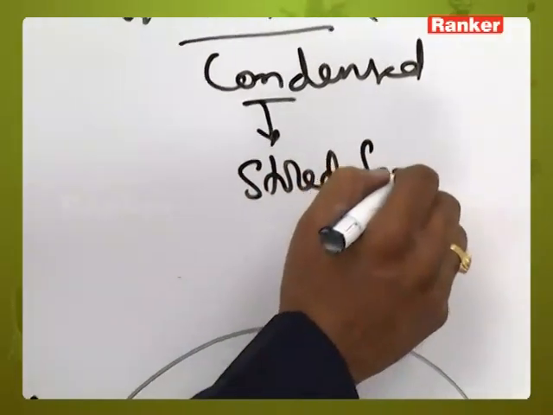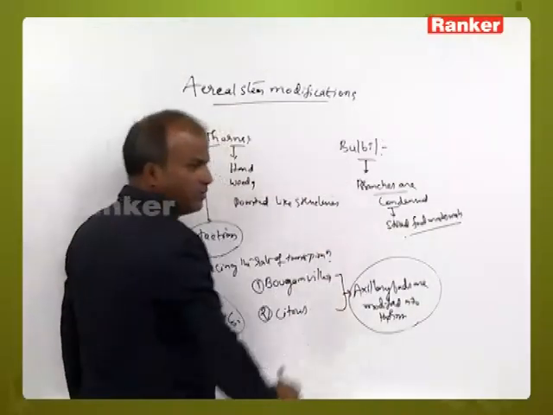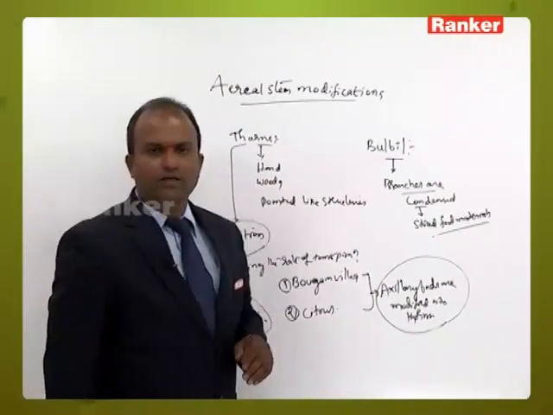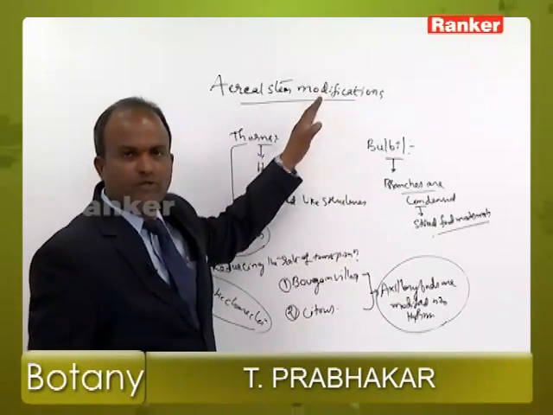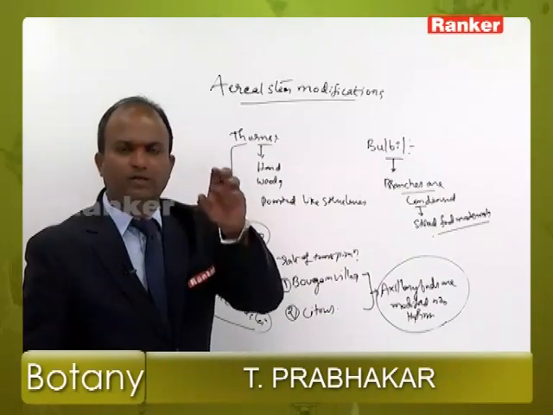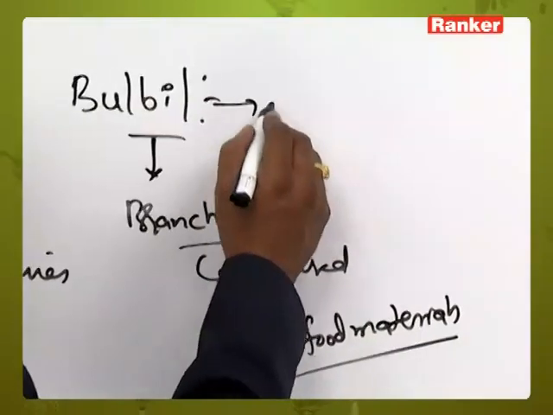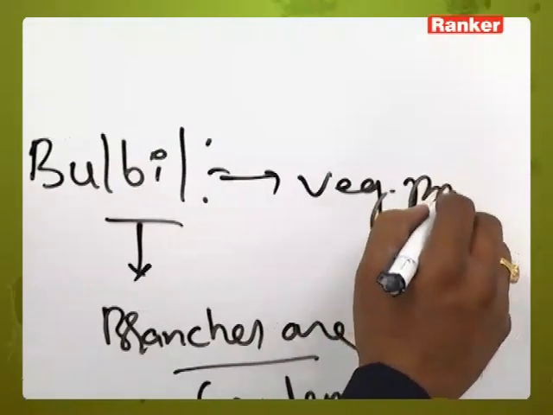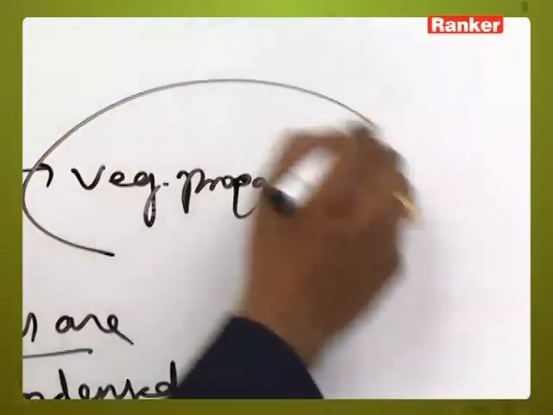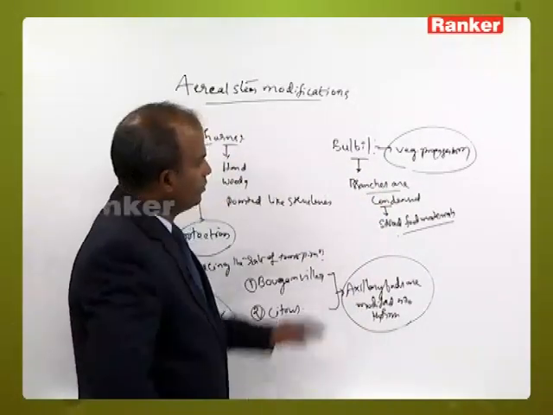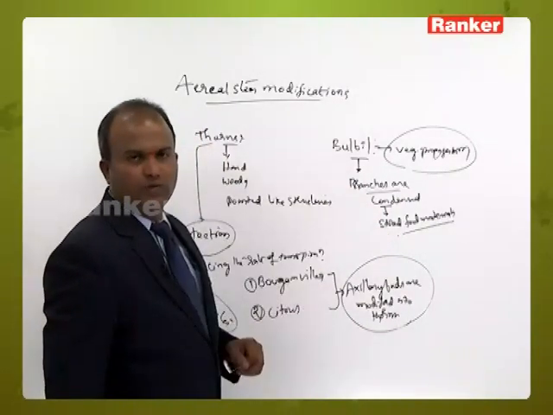This bulbil is one of the aerial stem modifications, and it plays an important role in vegetative propagation. Here the branches are condensed and they store food materials.